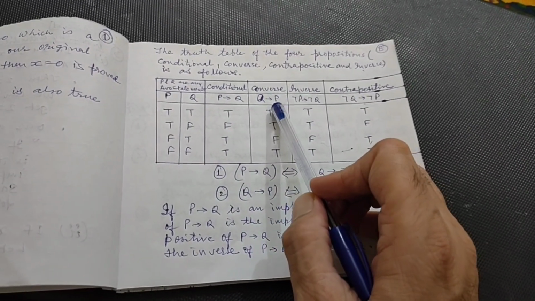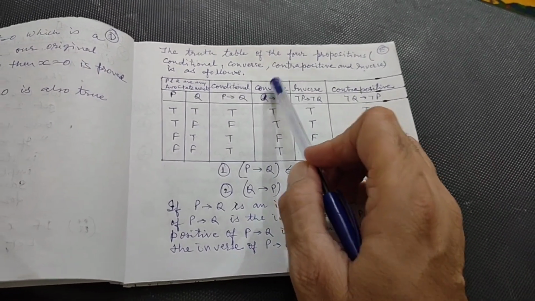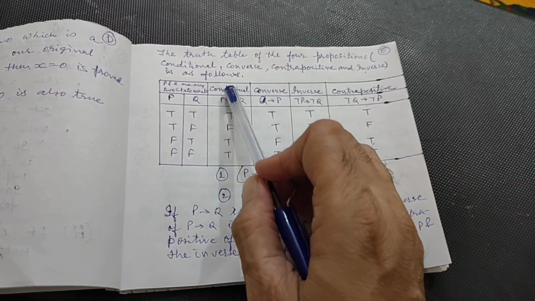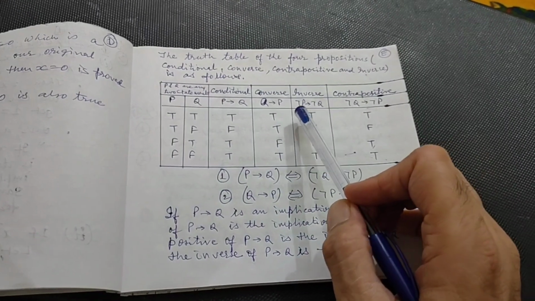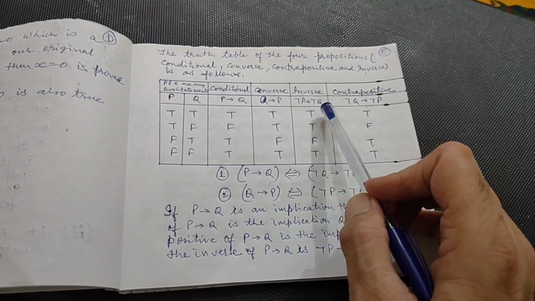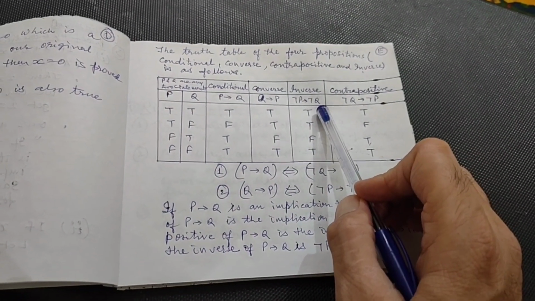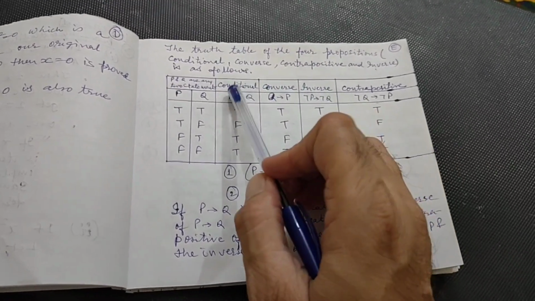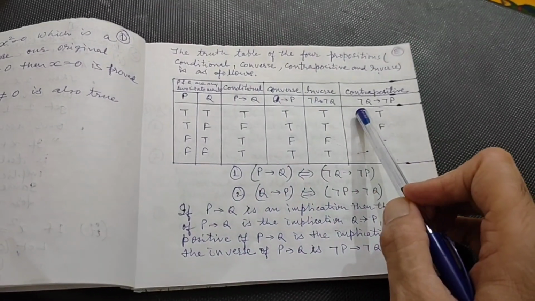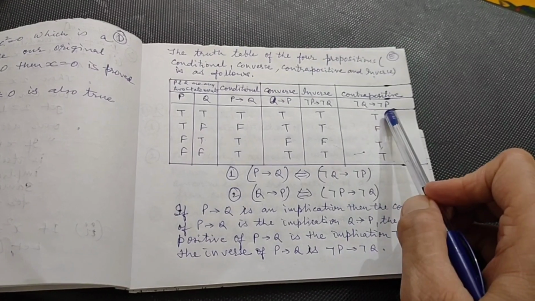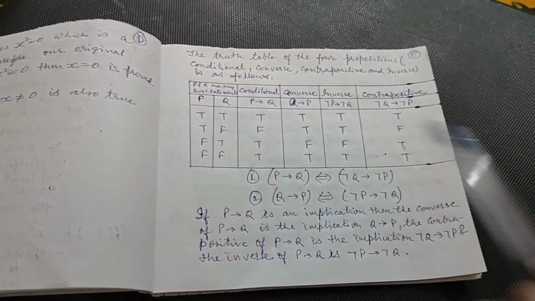Q implication P is the converse of the conditional. Not P implication not Q is the inverse of the conditional. Not Q implication not P is the contrapositive of the conditional.